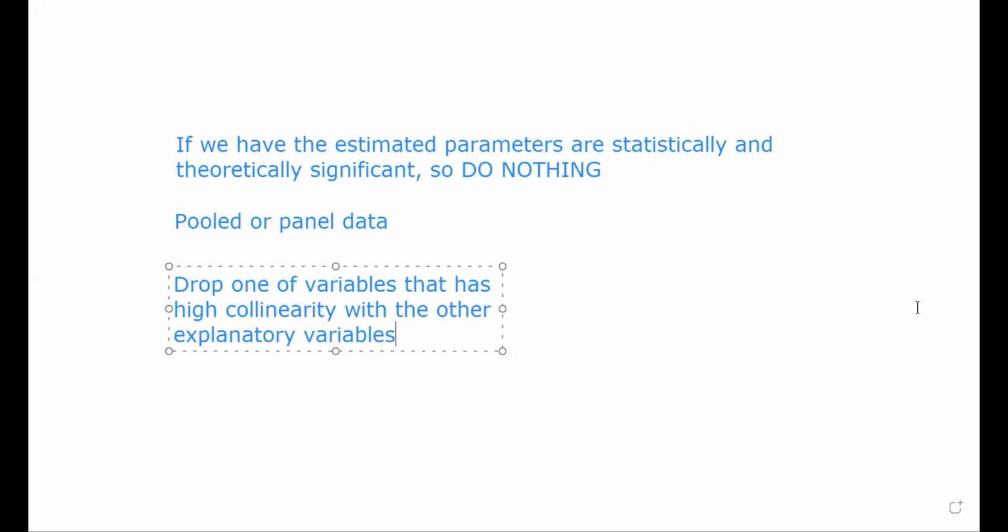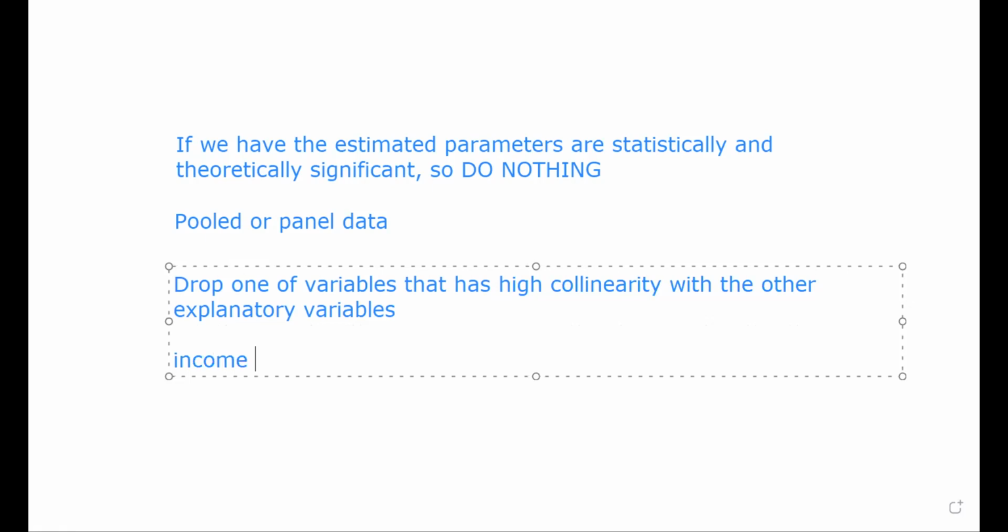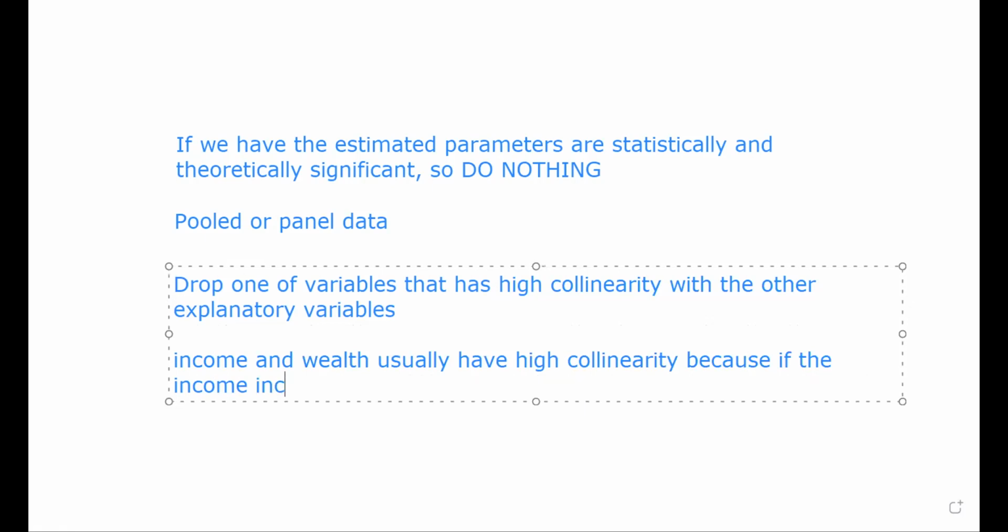Usually these have high collinearity, because if the income increases, then the wealth also increases.